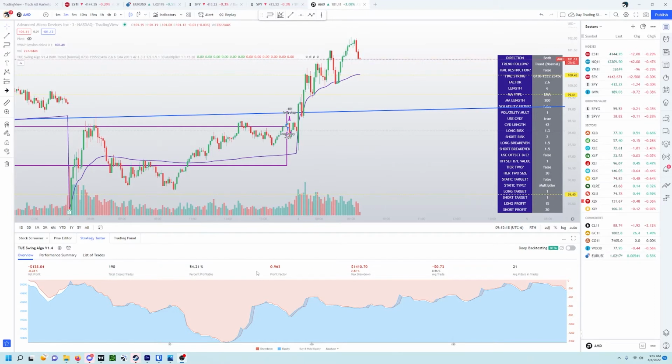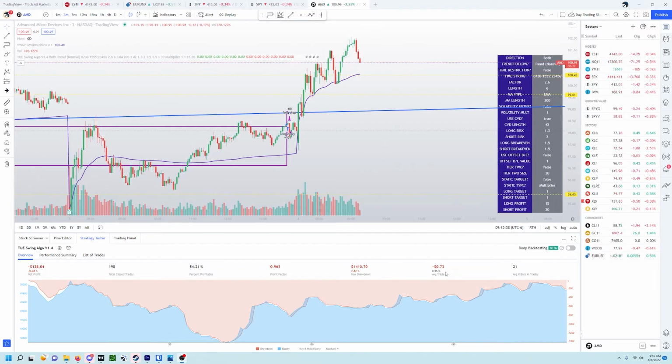So if you have a 2.0 profit factor, that means your winning trades were about 2 times the size of your losing trades. Obviously, the profit factor is very important, and that's the main number that we're going to be looking at as we adjust this. Drawdown is also important because we want to keep that down.